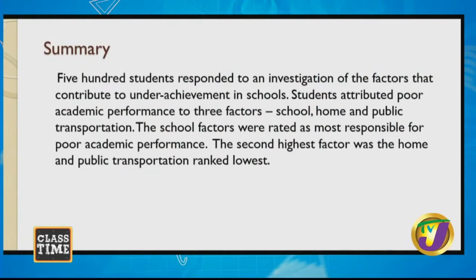Students attributed poor academic performance to 3 factors: school, home, and public transportation. The school factors were rated as most responsible for poor academic performance. The second highest factor was the home, and public transportation ranked lowest.